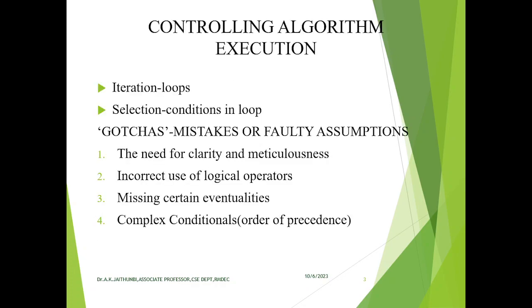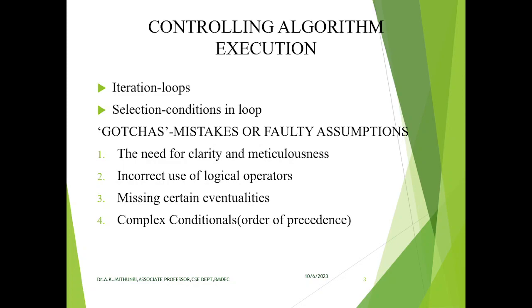Next, the three major important concepts in algorithm execution are iteration, selection, and conditions. Iteration means you have loops. If you know that a program is going to be executed n number of times, you know how many times the process will execute, we'll go for a for loop.